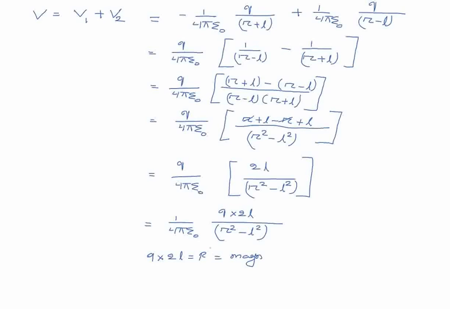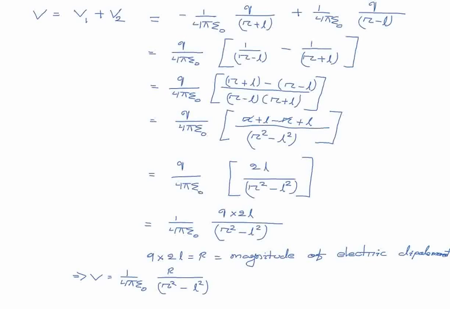We know that the small p, that is electric dipole moment, is a vector quantity. So this implies V is equal to 1 by 4 pi epsilon naught p divided by r square minus L square.